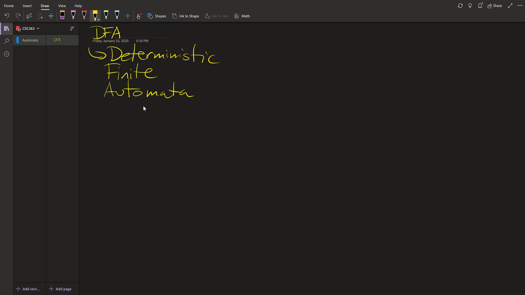Okay, so when we talk about DFAs, we are talking about machines, and these machines are very specific and very limited in their capability. And you have also the word finite in the name of these machines, because that refers to the fact that they have finite states and a finite input alphabet.